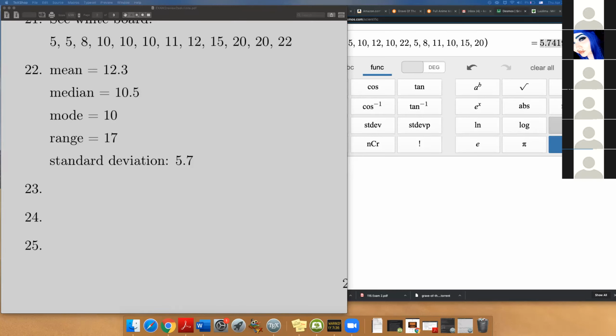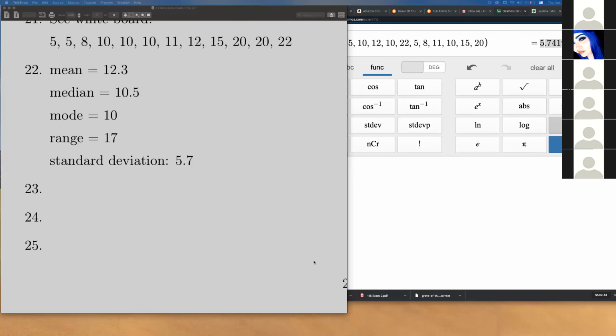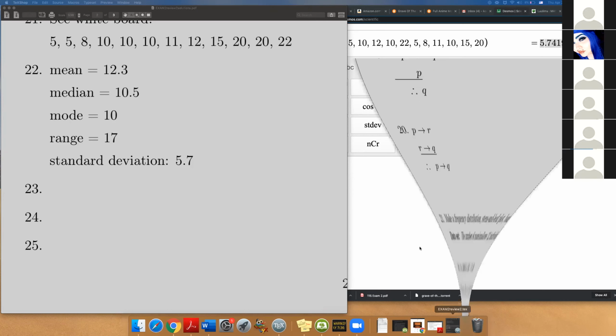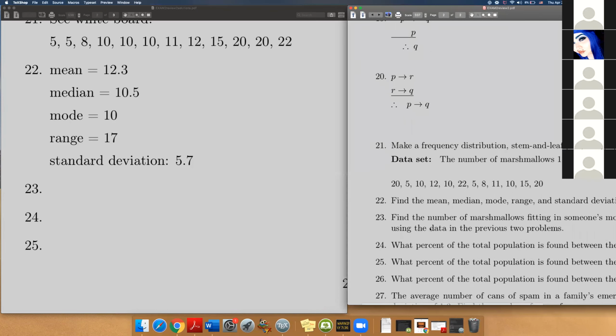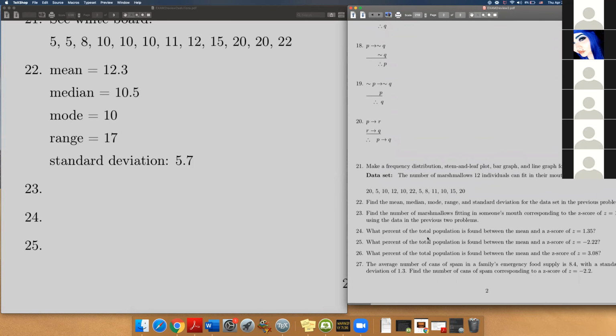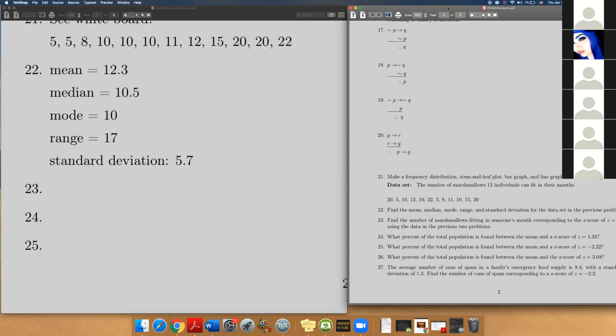The question asks us, what does it ask us? I forget. Actually, I know, but I don't know the exact wording. Find the number of marshmallows fitting in someone's mouth corresponding to a z value of z equal to 1.2.